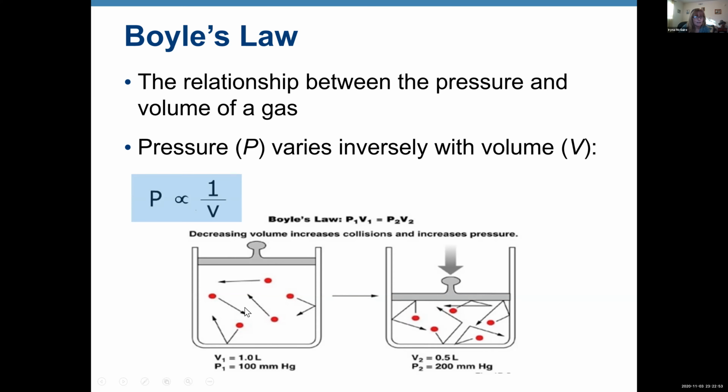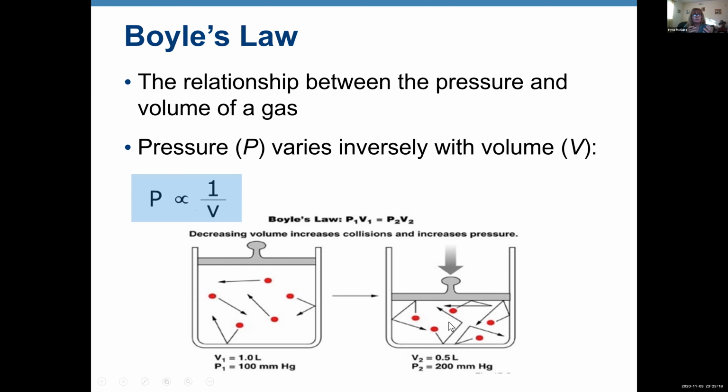These molecules of gas exert some pressure on the walls of this container, and we can see the pressure here is 100 millimeters mercury. Now, what's going to happen if you change the volume of the container without changing the amount of gas? The volume gets smaller, now it's 0.5 liters, and pressure goes up, right?